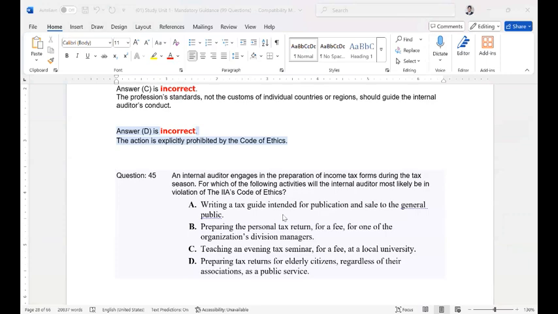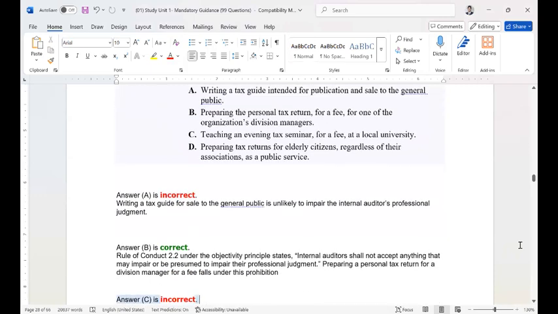Say you're auditing procurement and you do the procurement manager's tax return. If you do, then there's a conflict. Other things, having a seminar, helping out with the tax returns of a few elderly citizens, publishing a book, those are not conflicting. Can you see? Internal auditors shall not accept anything that may impair or presume to impair their professional judgment.